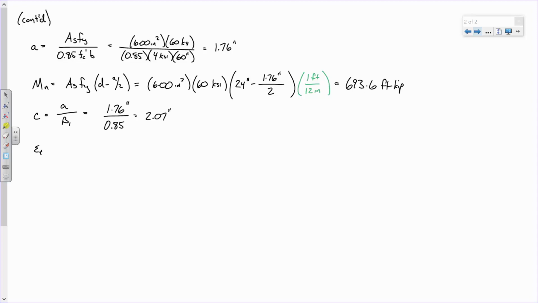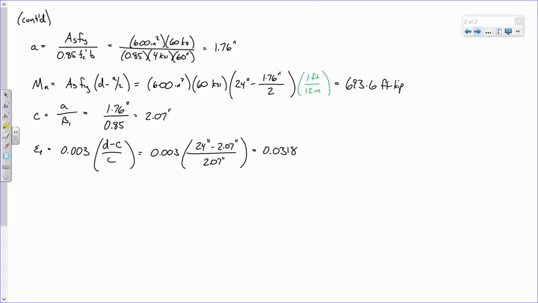So epsilon sub t is, just as Austin said, 0.003 times d minus c over c. That is 0.0318.